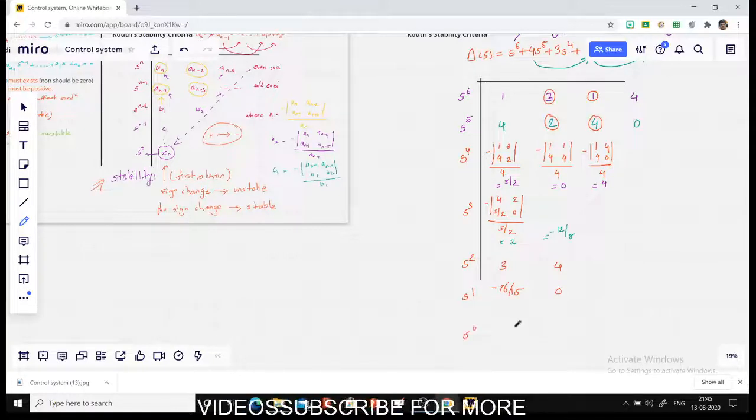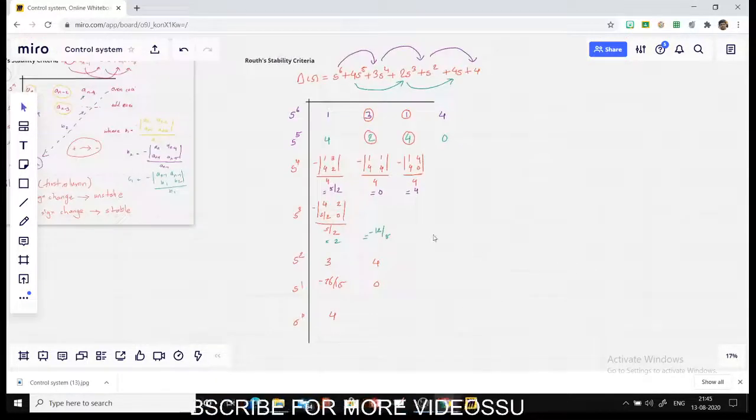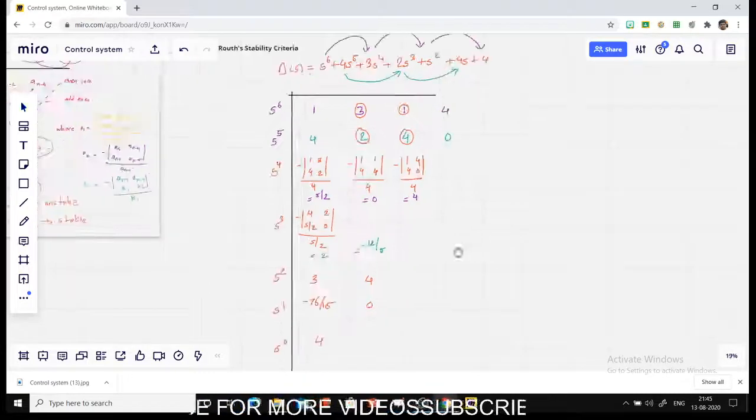And s raised to 0 will again be 4. So this is how your Routh's array will be completed.